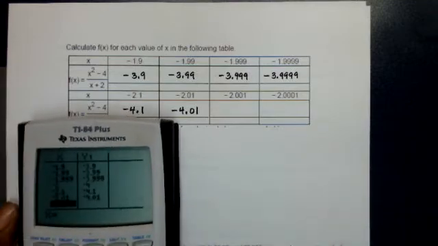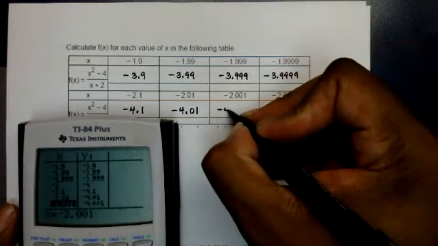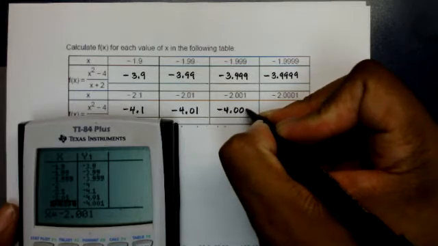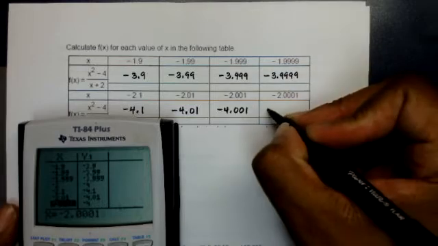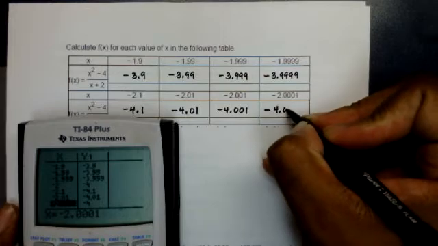And then for negative 2.001, it'd be negative 4.001. And then for negative 2.0001, it'll actually be this.